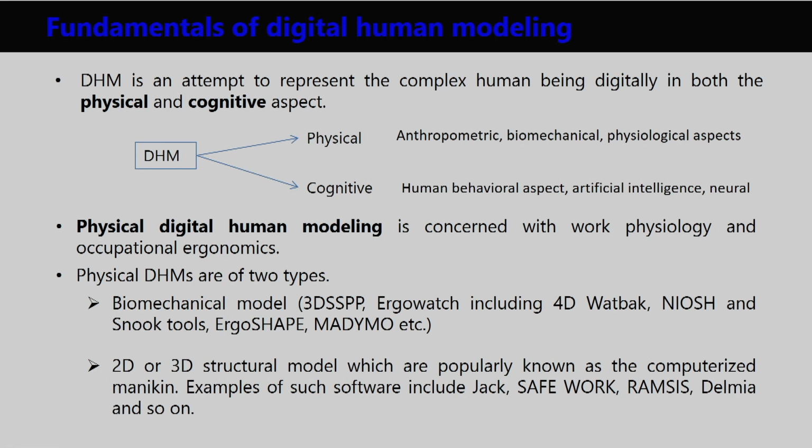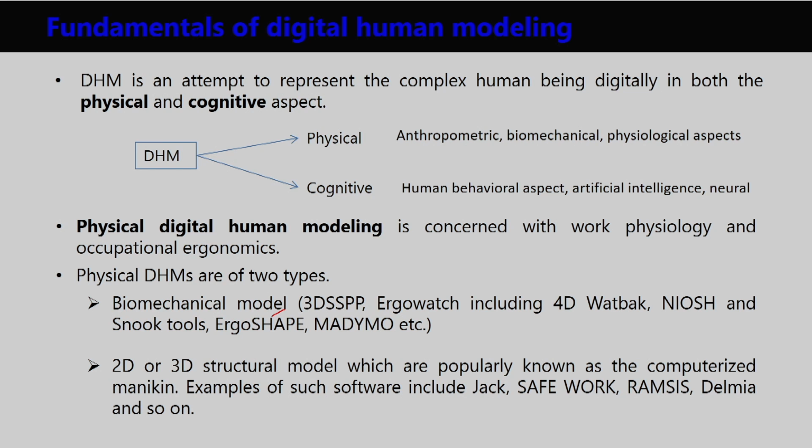Now, physical digital human model is of two types, one is biomechanical model, another is 2-dimensional or 3-dimensional structural model. Under biomechanical model, what we discuss are the different body parts and their biomechanical aspects related to mass, related to motion, related to joint kinematics. For that purpose we can develop hand model, leg model or spinal model, whereas under 2-dimensional or 3-dimensional structural model, there is the representation of human body form.